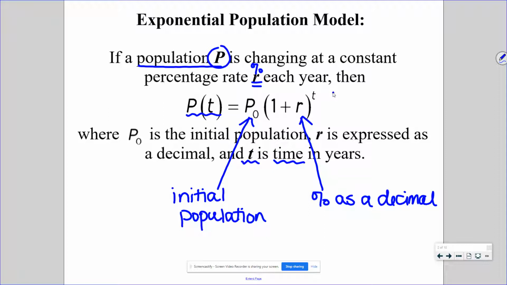And then T is your time. So we're going to start with something real easy. Let's first start with looking at problems that have already been turned into an exponential model fitting this setup, and let's talk about whether it represents exponential growth or exponential decay.